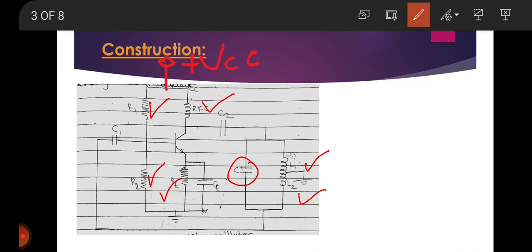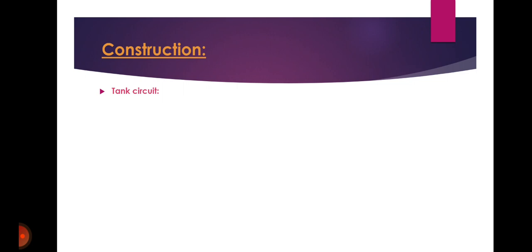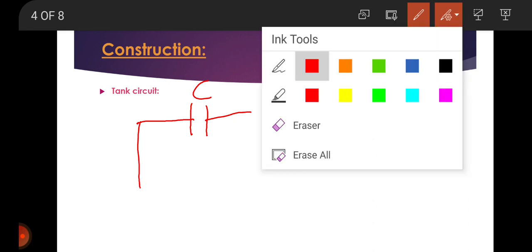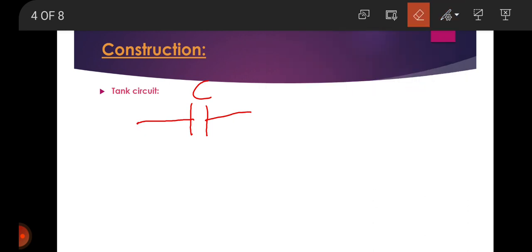So see the circuit operation. For the circuit operation we can draw the tank circuit. This is capacitor C. This is inductor L1.